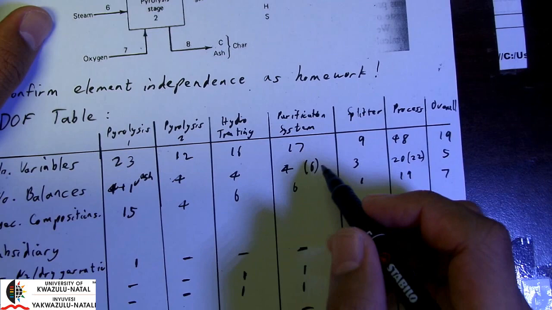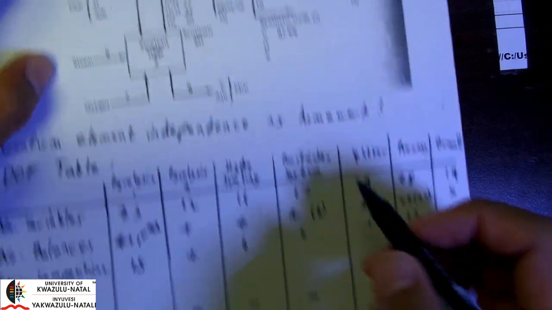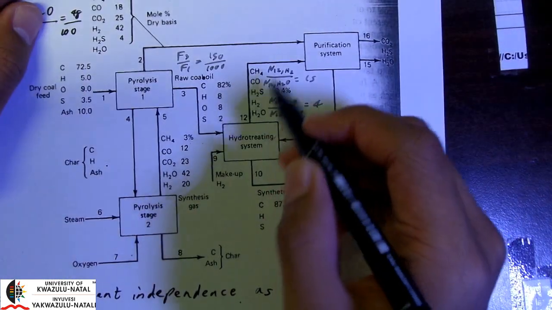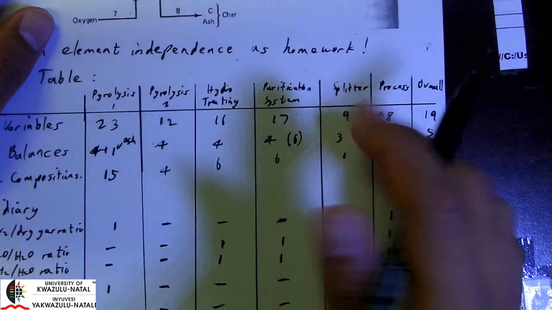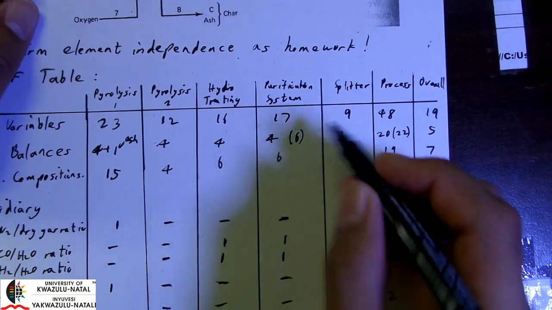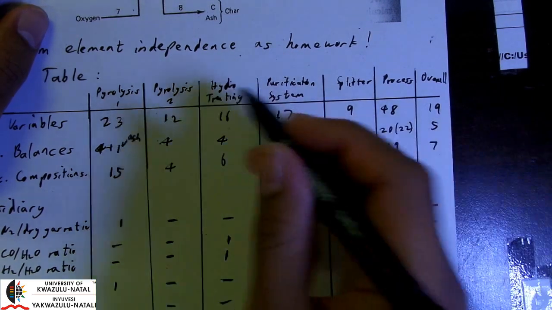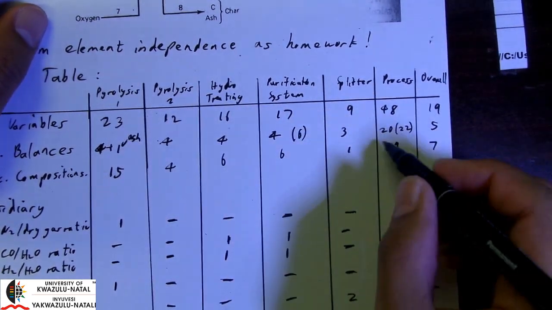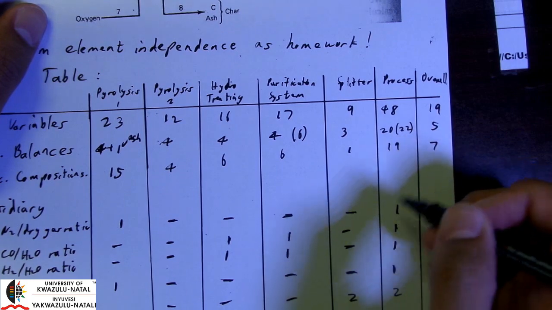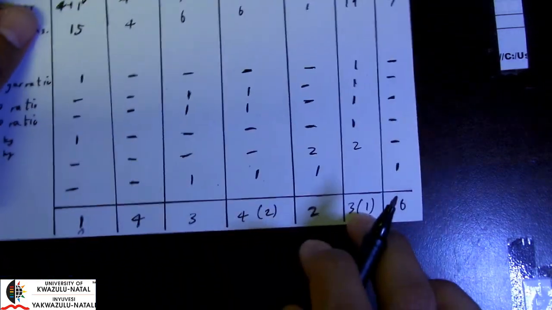We can perform a species balance on any 2 of our components, for example for our purification system, and that will add 2 more balances to the process, and that will bring it down to 1.